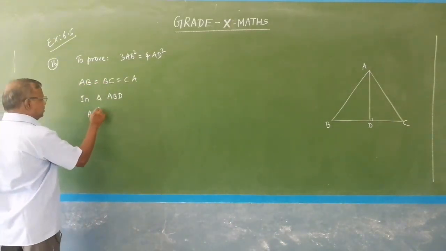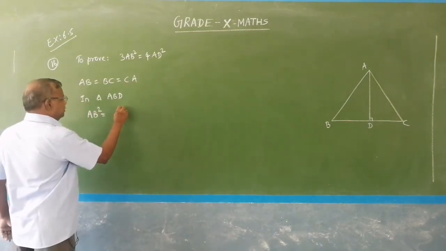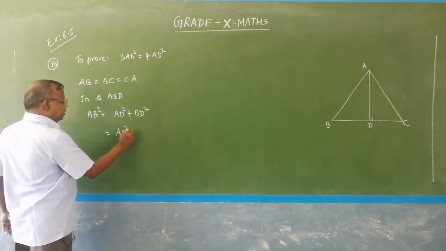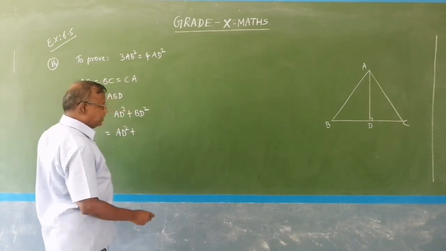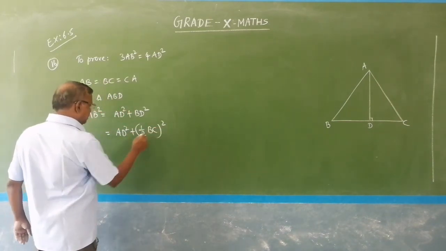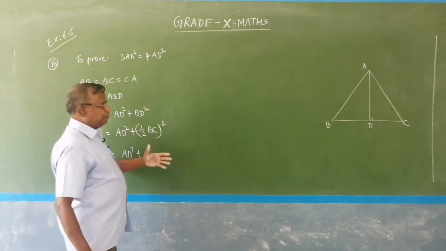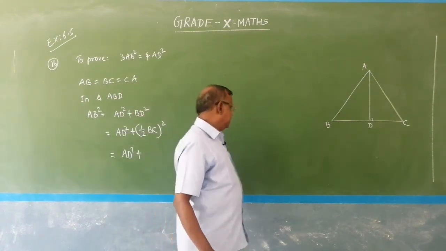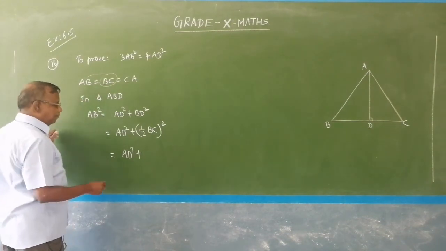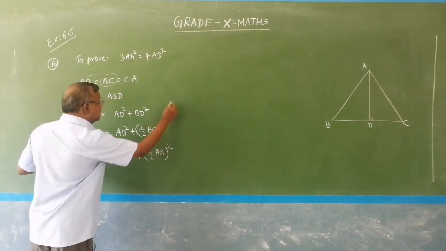Since D is the midpoint of BC, BD square equals half of BC square, or BC equals AB. So replace BC by AB. So it is 1 by 2 AB the whole square.